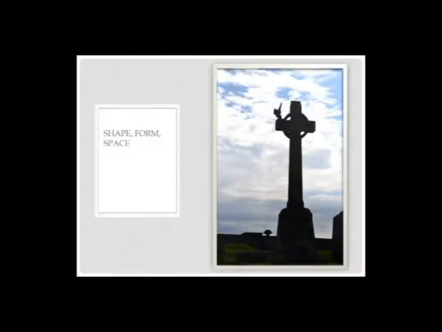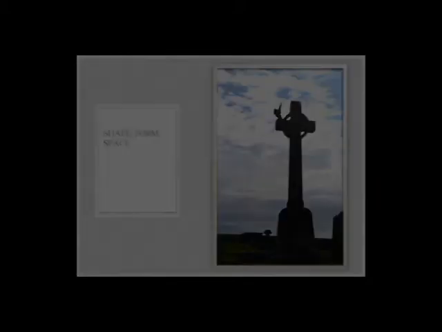This picture we can see a couple of different things happening. We have shape with the cross, and then the little bird profile is giving us another kind of organic shape. We've got form with the 3D work in the stone, and then it really gives us a sense of space with the cross and then the big sky in the background.